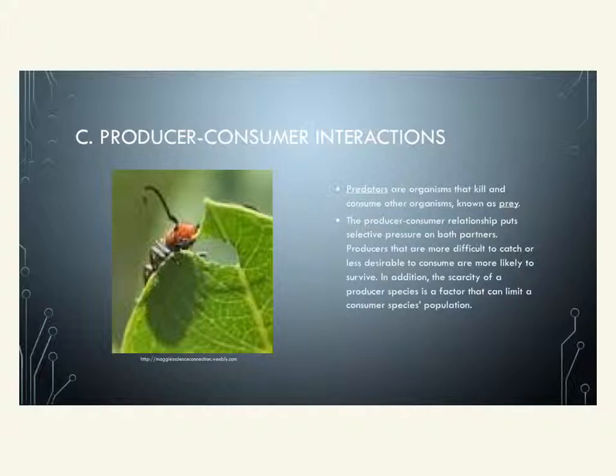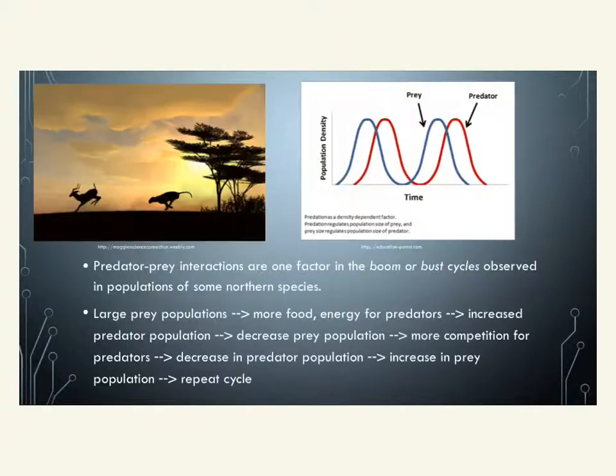So that potentially can lead to changes in the numbers of these populations. In addition, the scarcity of a producer species could also limit the consumer species population. So if one consumer depends primarily on one producer, and all of a sudden, for whatever reason, that producer's population goes down, that's obviously going to have an effect on the consumer's population as well.